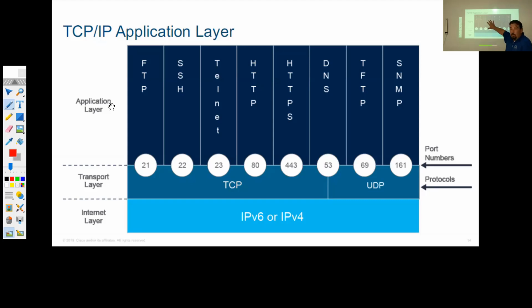The only applications I've ever seen on any of the CCNA tests would be these applications that they show right here. So know that File Transfer Protocol uses TCP port 21, SSH uses TCP port 22, Telnet is TCP port 23. For the most part, that's what I see, and then there's HTTPS, which you will see every once in a while.